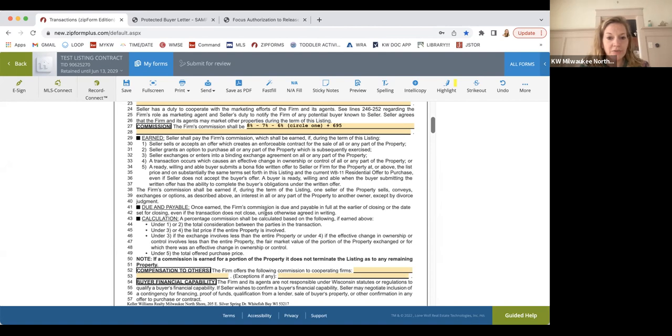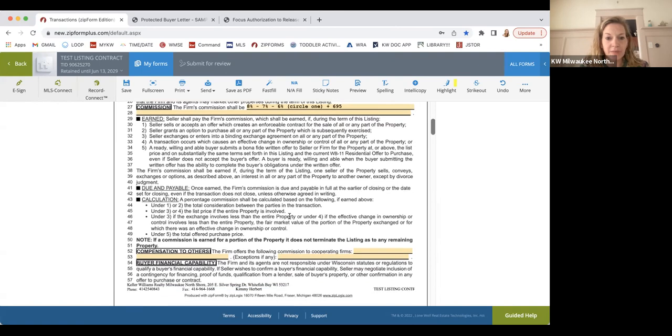A transaction occurs which causes an effective change in ownership or control of all or any part of the property. A ready, willing, and able buyer submits a bona fide written offer to seller or firm for the property at or above the list price and on substantially the same terms set forth in the listing and the current offer to purchase, even if seller does not accept the buyer's offer. And the buyer is ready, willing, and able when the buyer submitting the written offer has the ability to complete the buyer's obligations under the written offer.